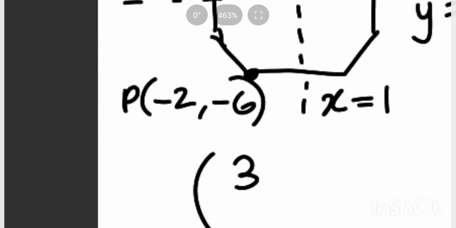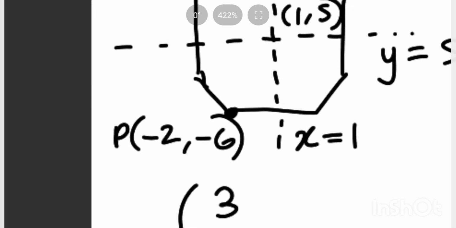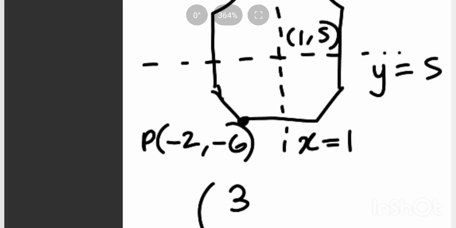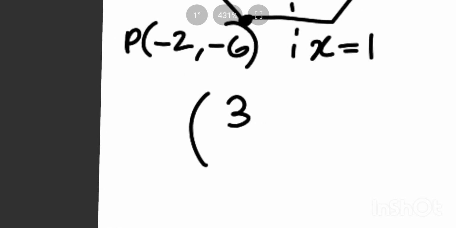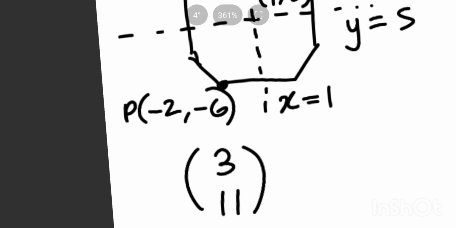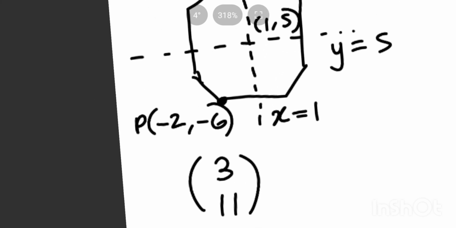The x value is -2 for P and 1 for the center. And then to go up, from -6 to 5 is 11 up. So that would be the vector that moves point P to the center.